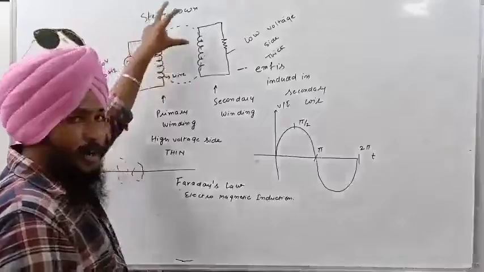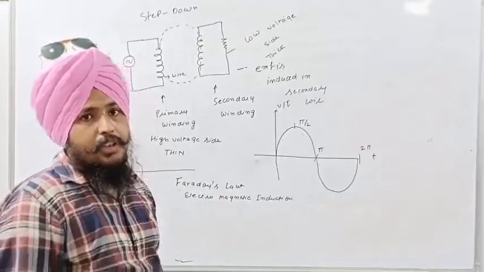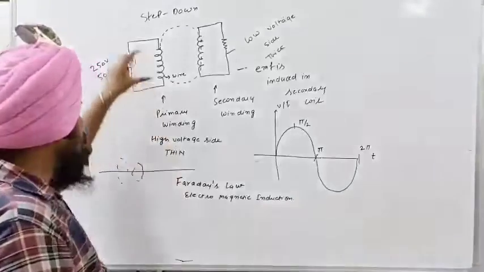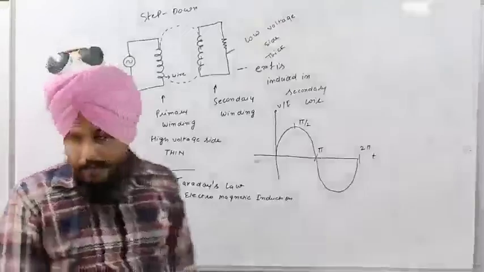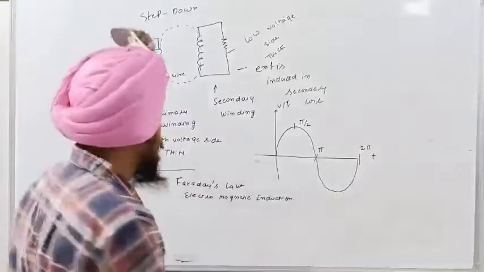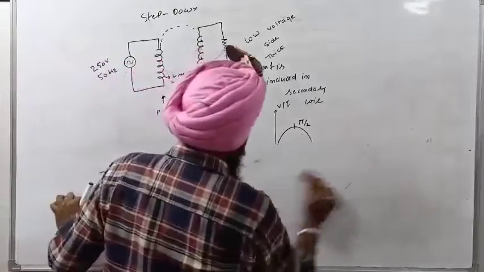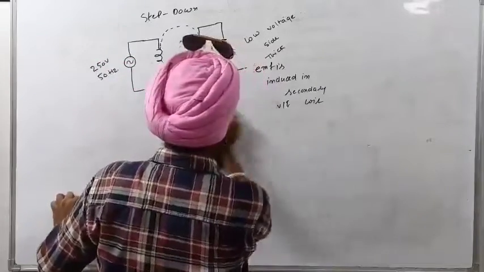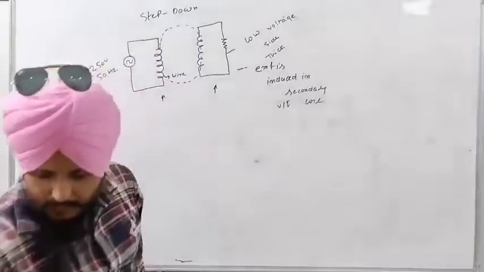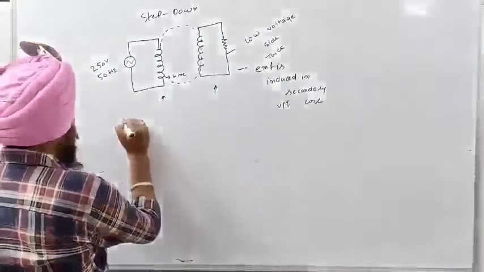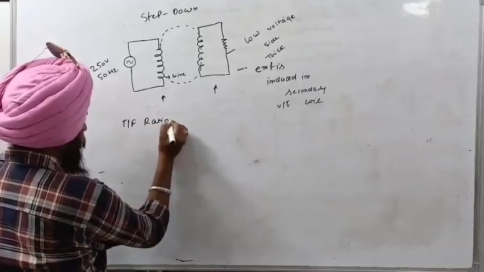So we know EMF is induced, but how much EMF will be induced? That will depend on the number of turns. So here the transformer ratio comes into the role. This is called the transformer ratio.